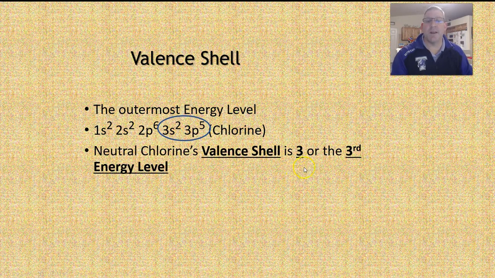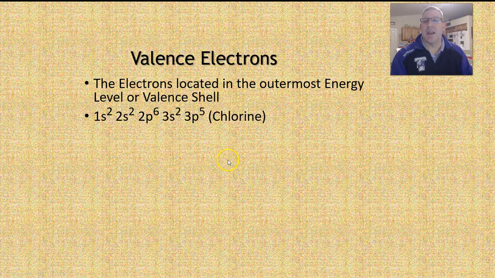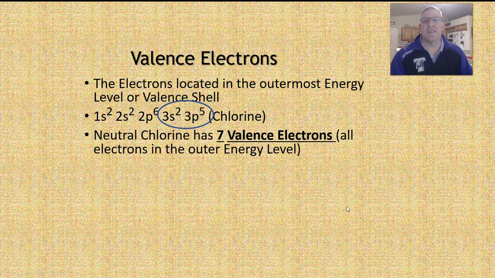If we want to find out how many electrons are in the outer shell or the valence shell, we are simply going to identify what our outer shell is. In this example it will be 3, and then we will simply add the superscripts. 2 plus 5 is 7. Therefore, we have 7 valence electrons for this example.